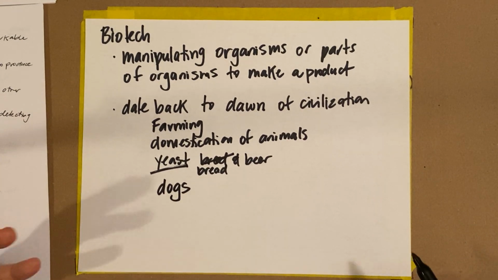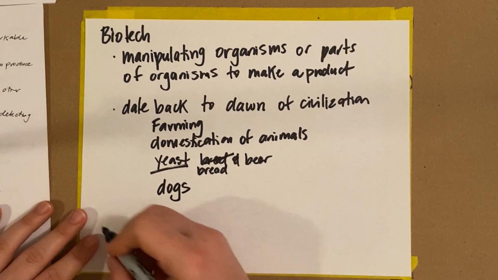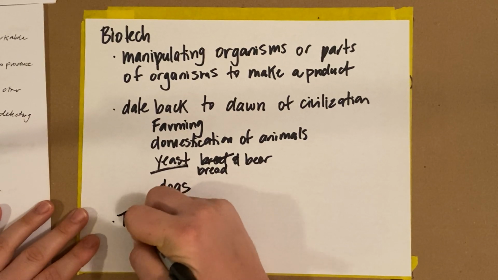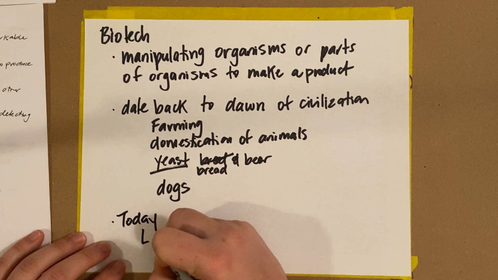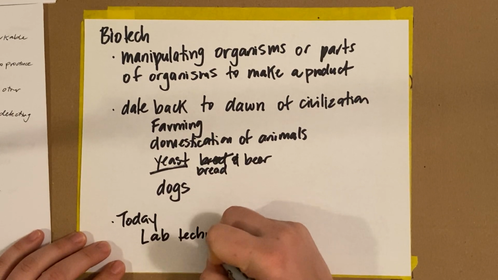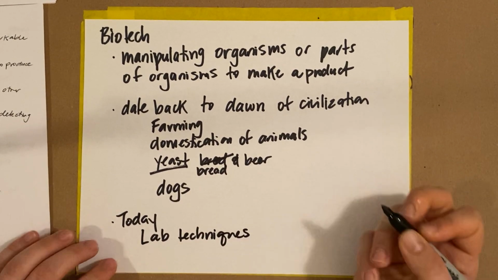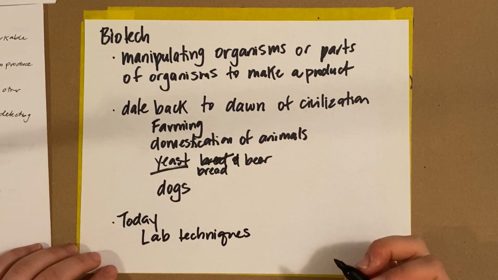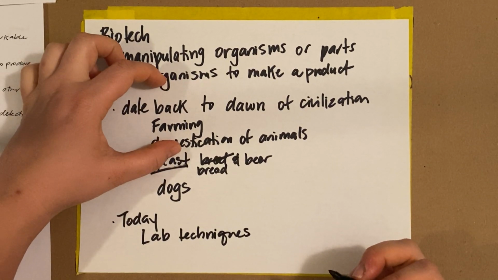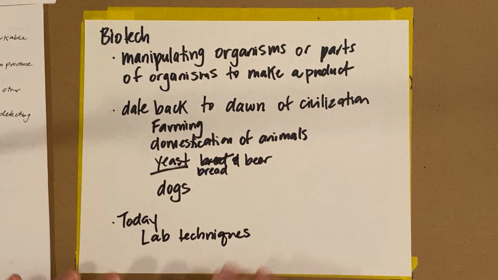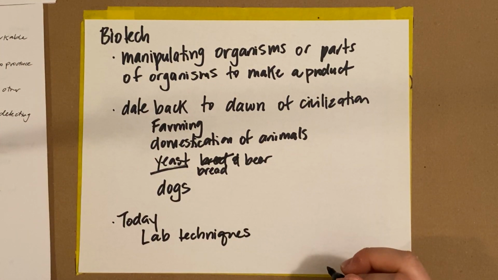Today, when we think of biotech, it's more sophisticated and it uses kind of groundbreaking DNA lab techniques. Okay, so we're not talking about just planting the seeds of the plants that you want to eat. We're now going to talk about specific stretches of DNA, selecting parts of the DNA, and actually putting them into other organisms.